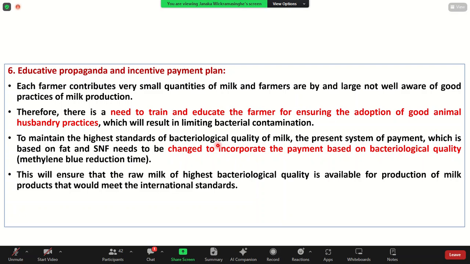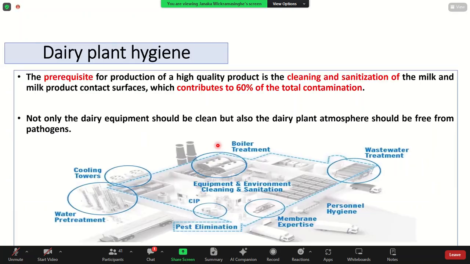We can guide them and train them just to maintain very good quality standards of milk, and a proper paying system with higher prices, so then we can ask them to produce milk in a very good quality manner, right?